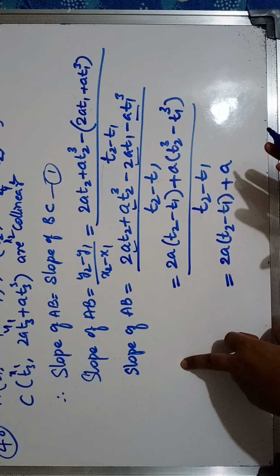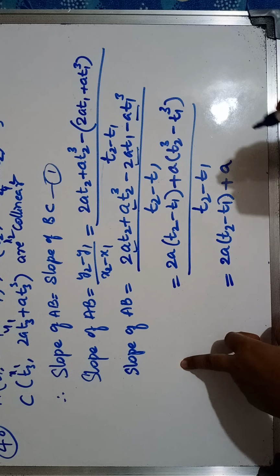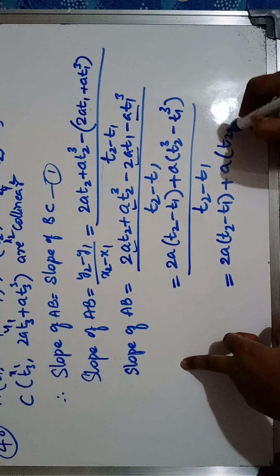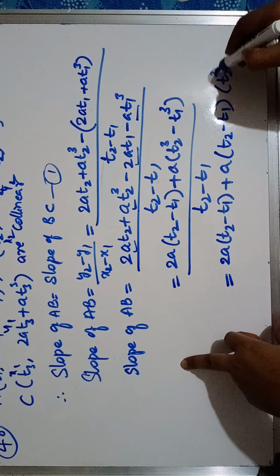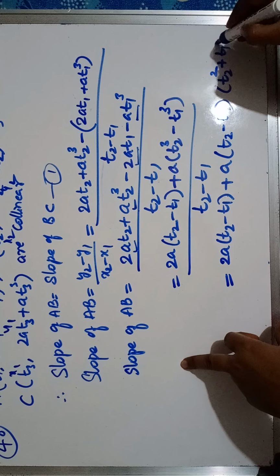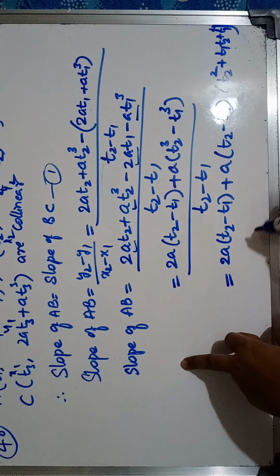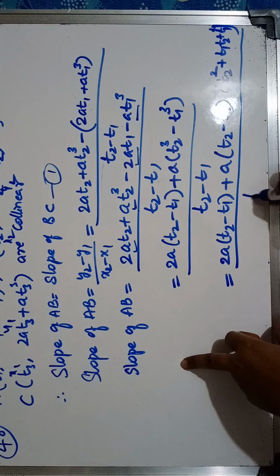We know the formula for a cube minus b cube is a minus b into a square plus ab plus b square. Let me substitute that here: t2 minus t1 into t2 square plus t1t2 plus t1 square, whole divided by t2 minus t1.